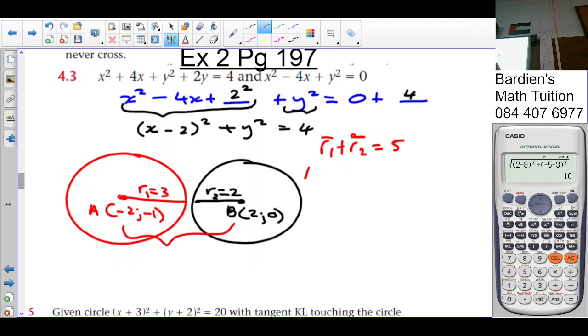Distance formula. So AB is equal to the square root of (minus 2) squared plus (minus 1 minus 0) squared. So that's going to give us 4 plus 1, which is 5. Sorry, 4 squared is 16, plus 1 is 17. So that's the root of 17.